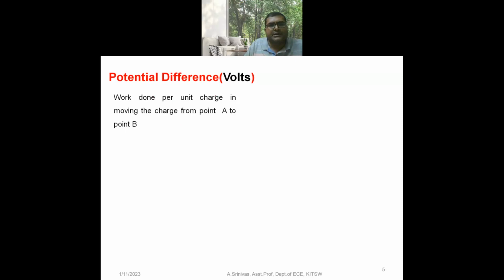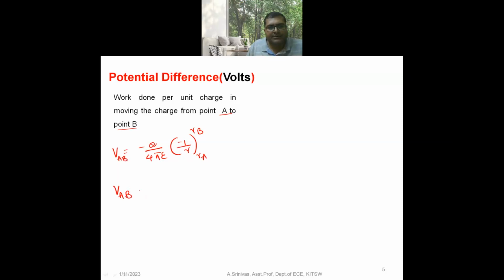The potential difference is the work done per unit charge in moving the charge from point A to point B. V is equal to minus Q by 4 pi epsilon times minus 1 by R, and in moving the charge from point A to point B, it will become VAB.